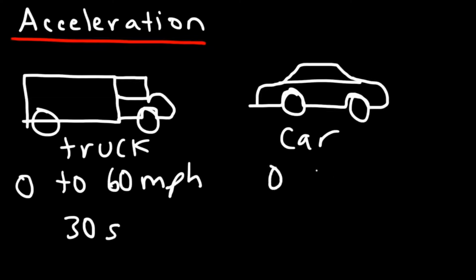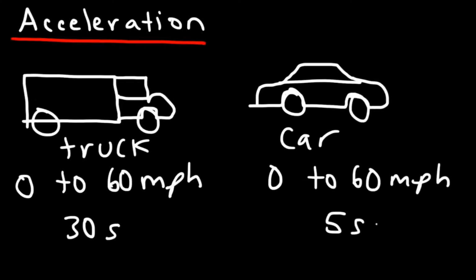A sports car can go from 0 to 60 in a shorter period of time, let's say 5 seconds. Because the sports car gets to a higher speed faster than the truck, it has a greater acceleration. And so acceleration tells you how fast the velocity is changing.